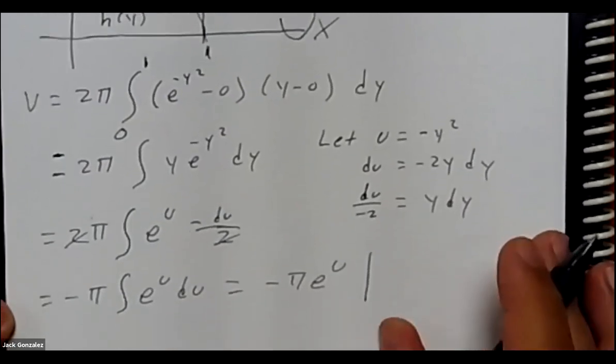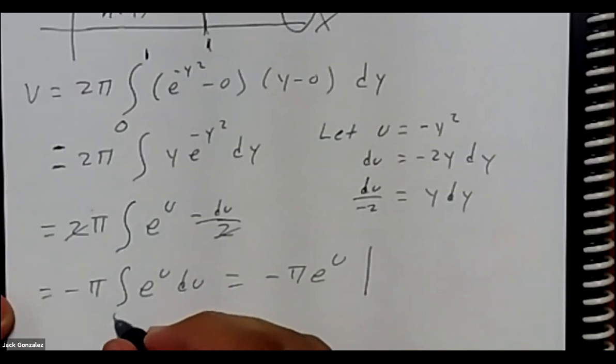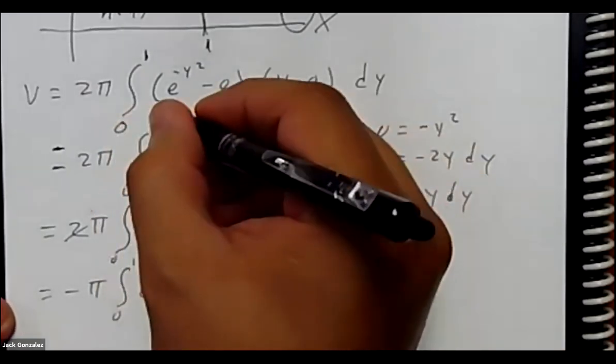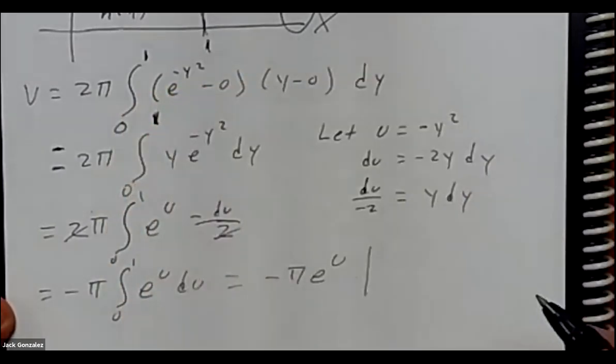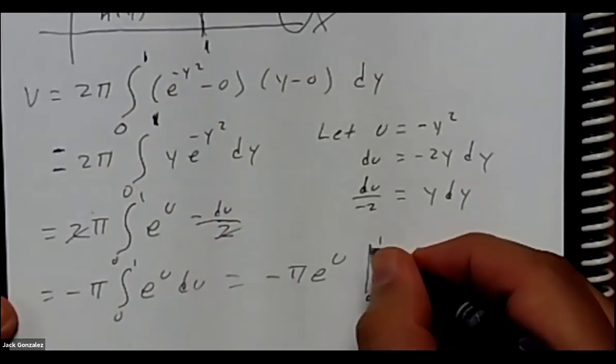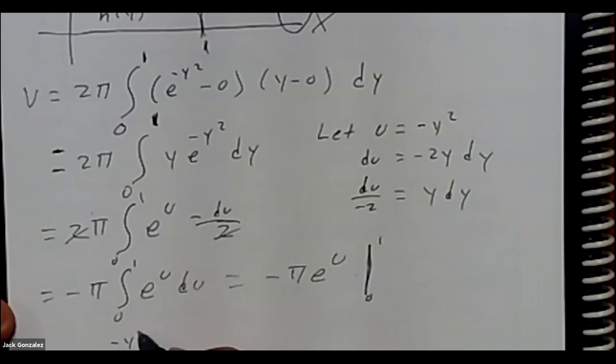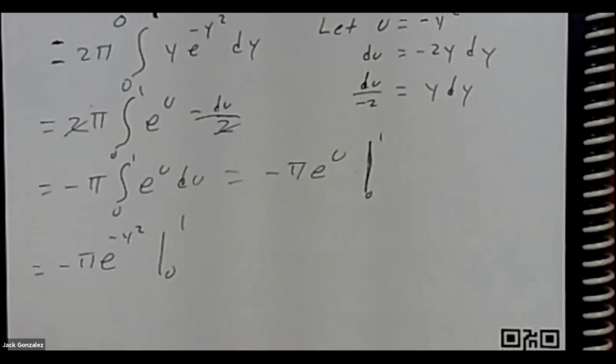Technically, I need to change it back to y before I write the bounds, because these bounds are for y. Do not use them on u. So that gives us negative pi e to the negative y squared from 0 to 1. At that point, I would use a calculator because it's not going to be pretty.